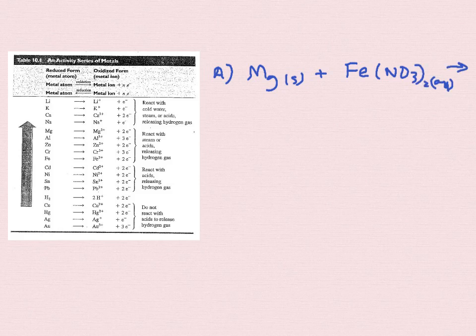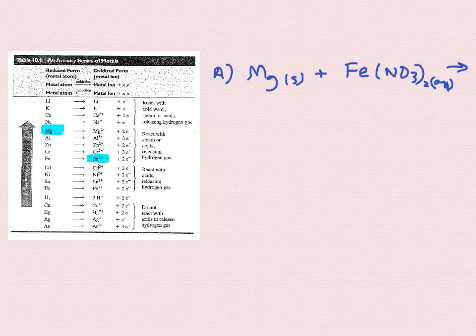So you go to your table and you find your lone element, and it's up here, magnesium metal. And the ion it's trying to replace is the iron ion here. Since the metal on the left is higher than the ion on the right, the reaction will happen, and it is spontaneous, so you can finish it.